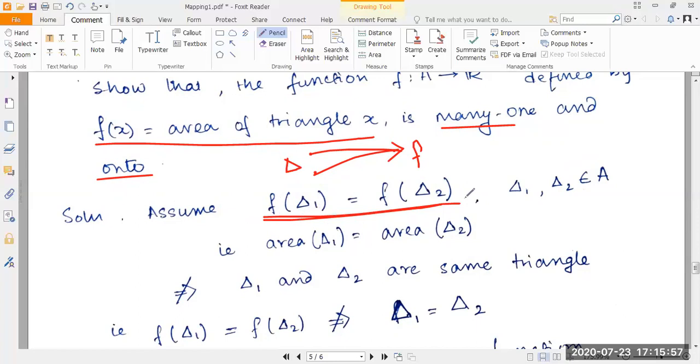So we assume that for two triangles, triangle 1 and triangle 2, the area of those two triangles is the same. So f of triangle 1 is equal to f of triangle 2. That means the area of triangle 1 is equal to the area of triangle 2. But the areas of two triangles being the same does not necessarily mean that triangle 1 and triangle 2 are the same triangle.